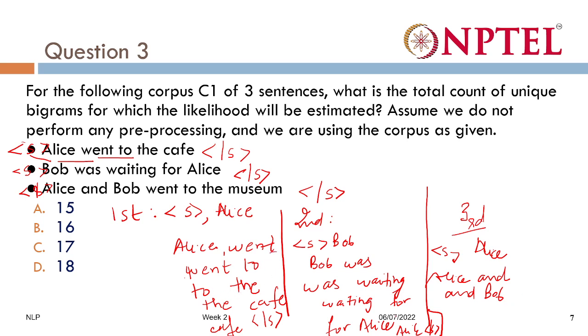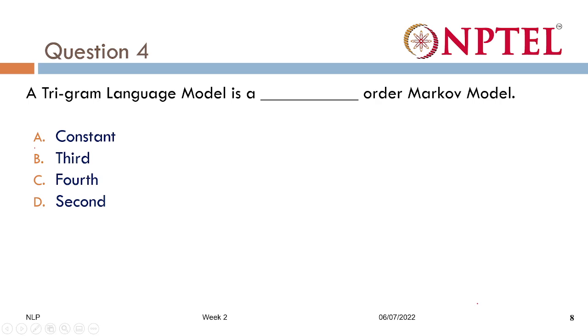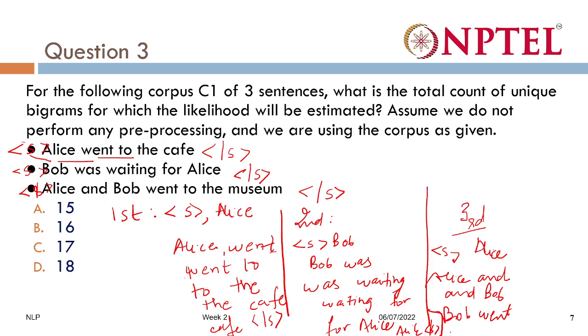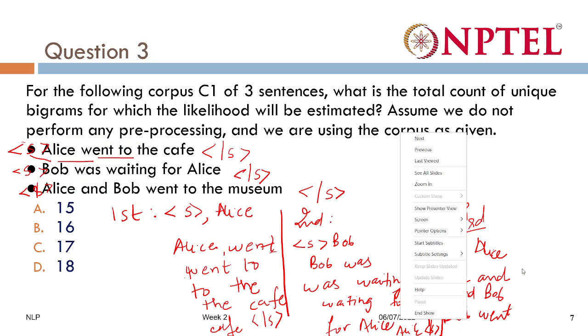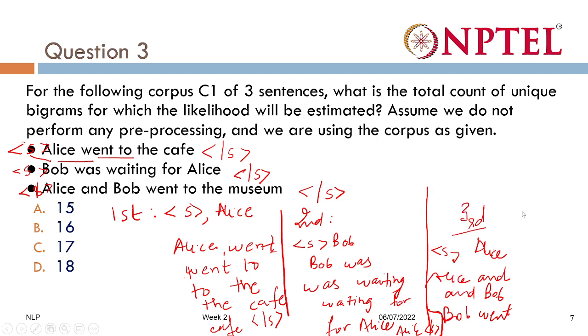Then Bob went, then went to, then to the museum, and then museum and the end of the sentence token.